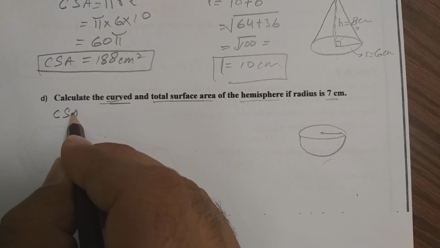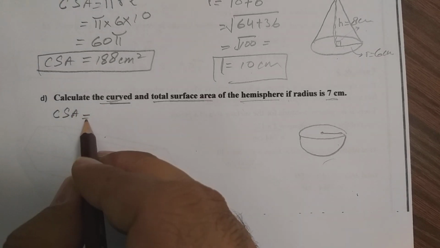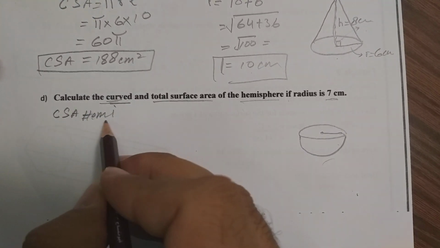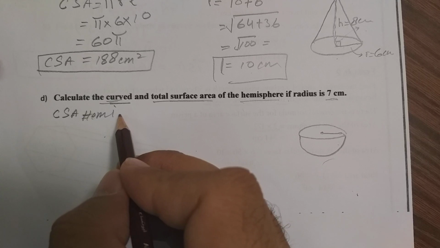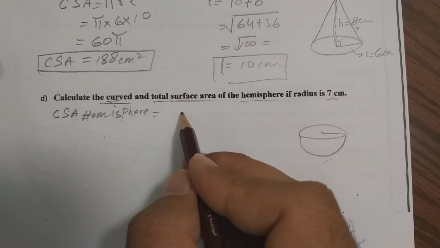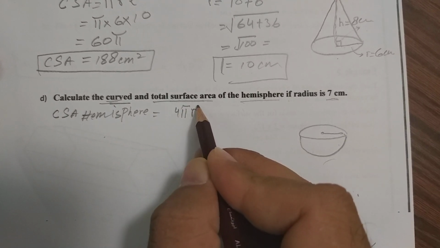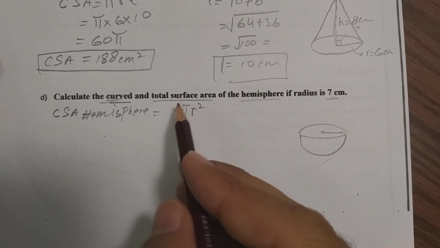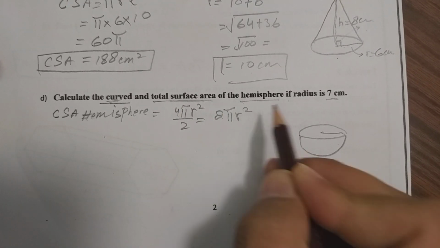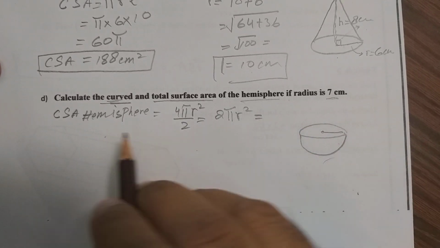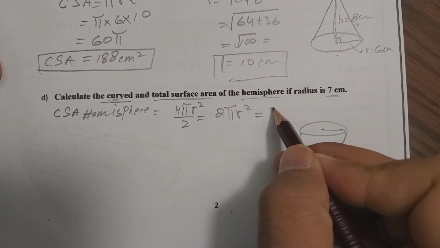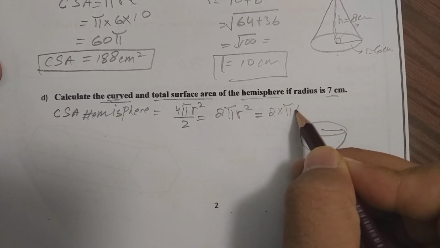So the curved surface area for the hemisphere is 4 pi r square, which is the sphere, but because it's hemi, we divide by 2, and it becomes 2 pi r square.